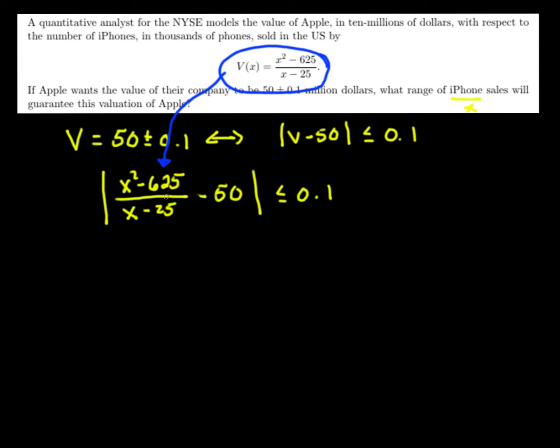Well, let's get a handle on what this is. Looking at this equation, I could either just turn this into one fraction, or I could recognize that the top is a difference of squares.